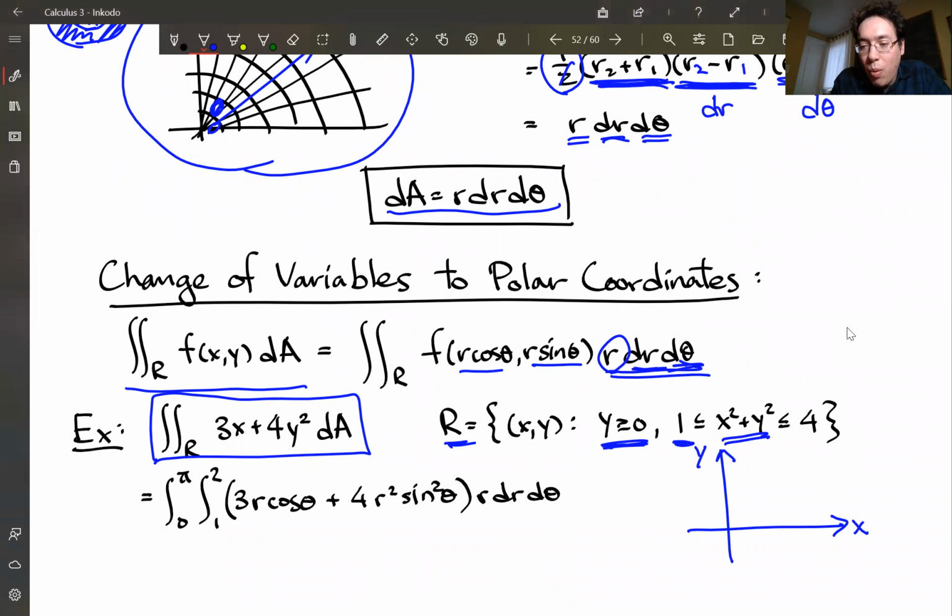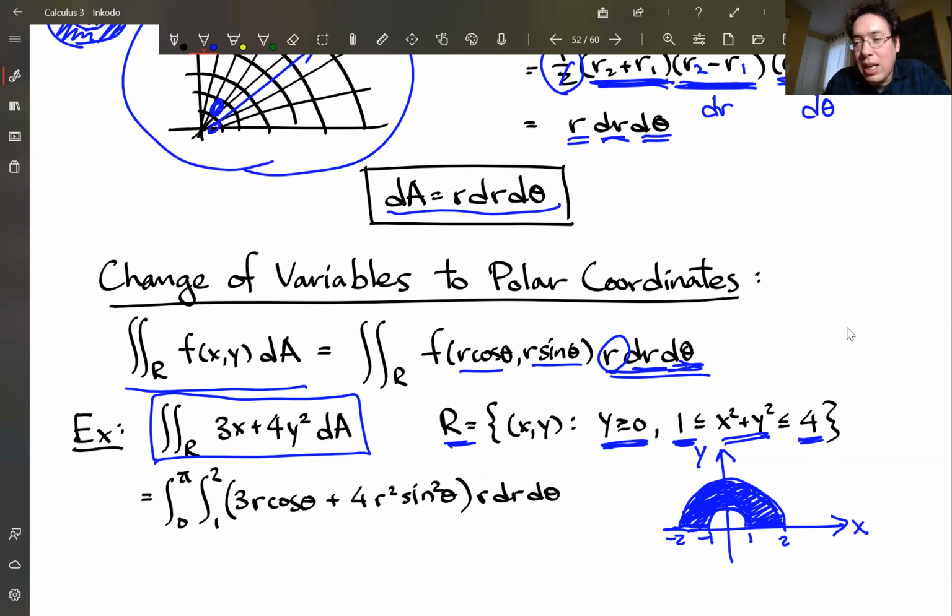On the lower end, the radius is 1, and on the higher end, the radius is 2. So we're looking at all the circles of radius between 1 and 2. That shades in this half a donut region right here. I hope that makes sense.